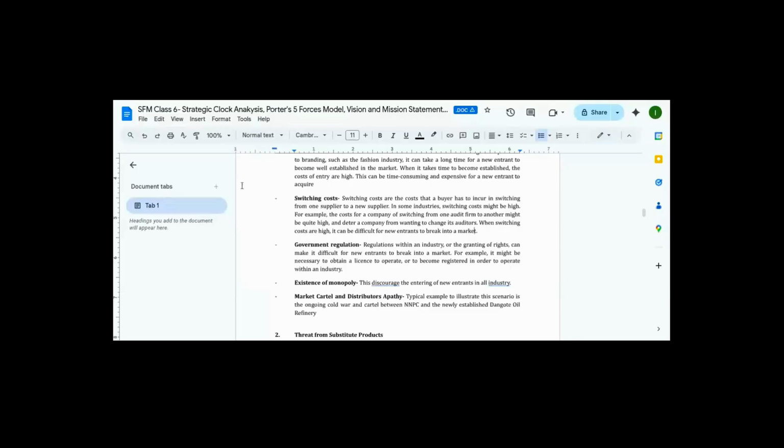Okay, let me now simplify it to see what we call a switching cost. When the switching cost is high, we are telling you that the customer is leaving a product that he is buying at 5,000 naira. You now want him to switch to a new product that a new company just introduced at 10,000 naira.